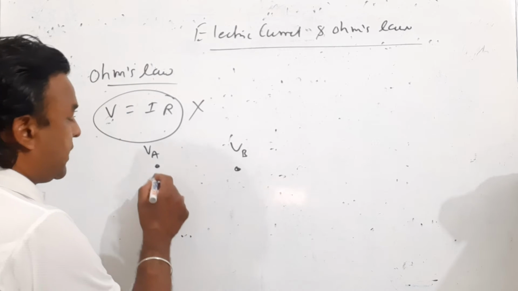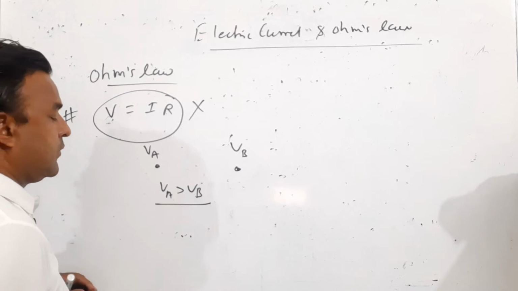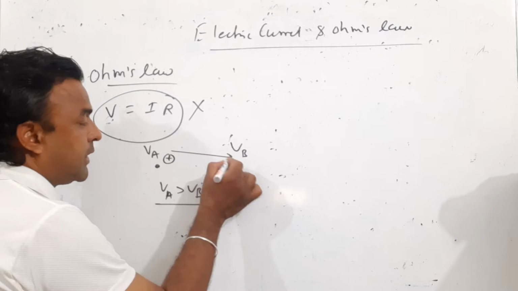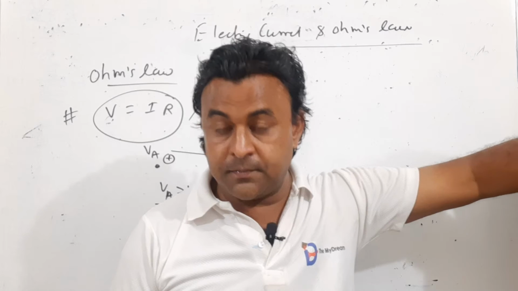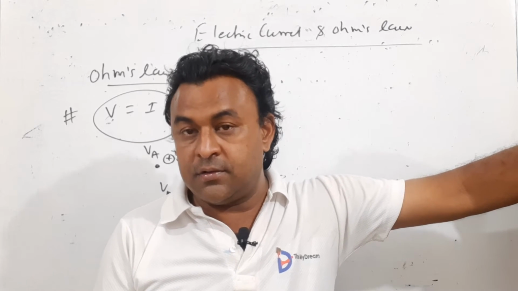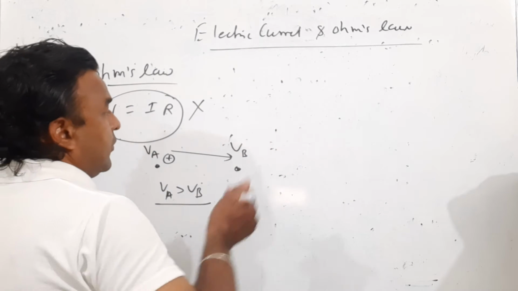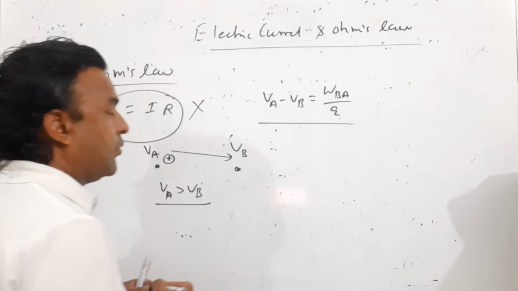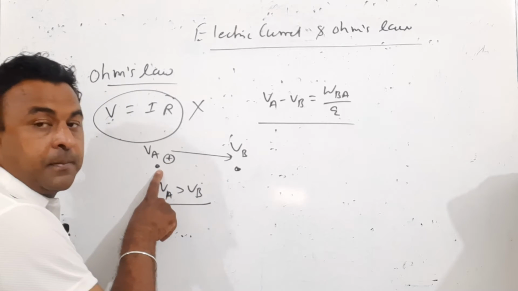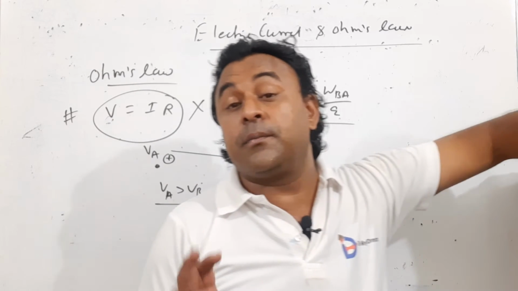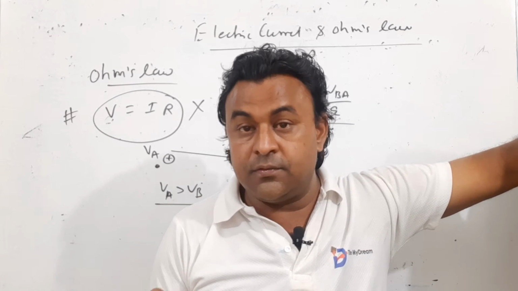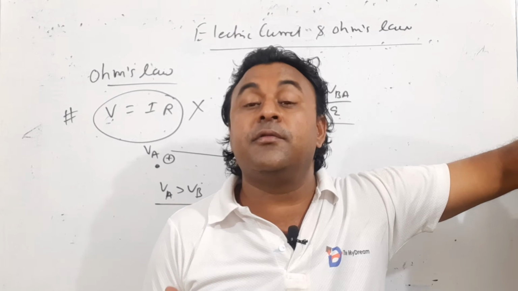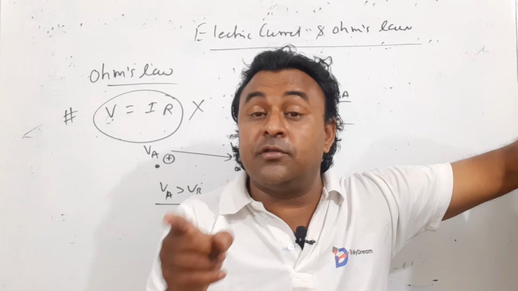If VA is higher than VB and I leave a positive charge, it will move automatically from A to B. I hope you remember the definition of potential difference: VA minus VB equals W_BA upon Q, the work done to bring a positive charge from B to A. I will have to do external work if a positive charge is taken from lower potential to higher potential.